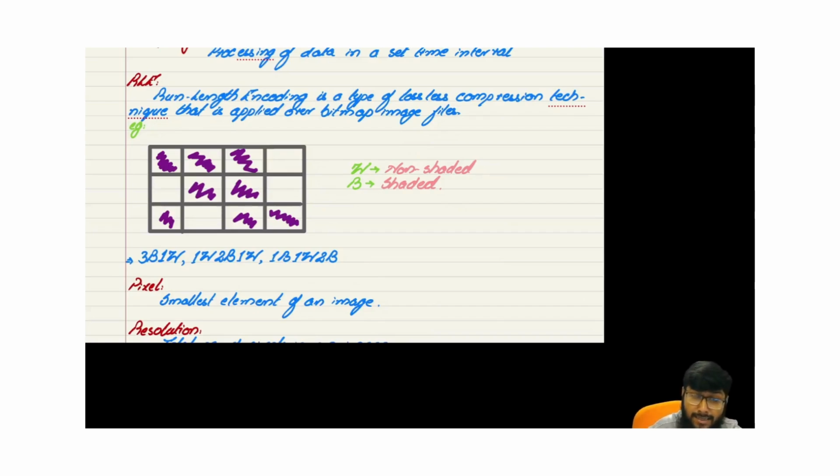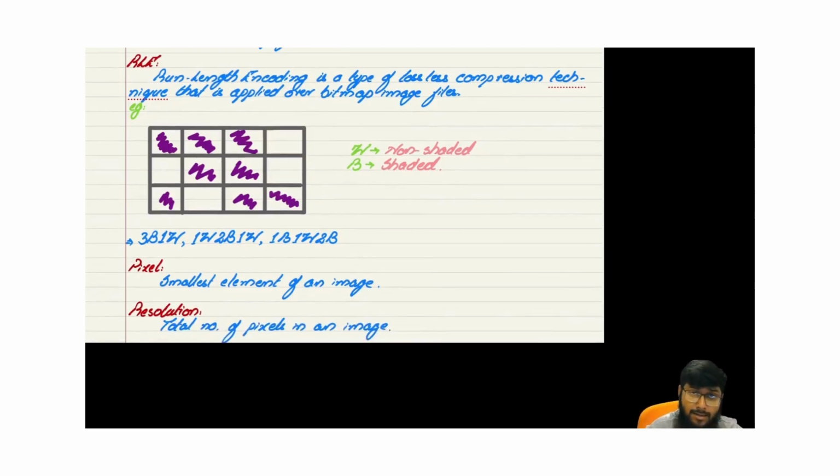Now what I'm saying right at the moment is that I will be compressing in a row-wise format. I will be writing the pixels that are continuous together. So if I see over here, I just wrote 3B 1W. Why did I write 3B 1W? Because there were 3 shaded pixels in a continuous format and then 1 non-shaded pixel.